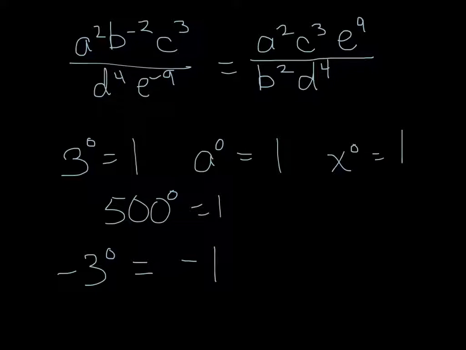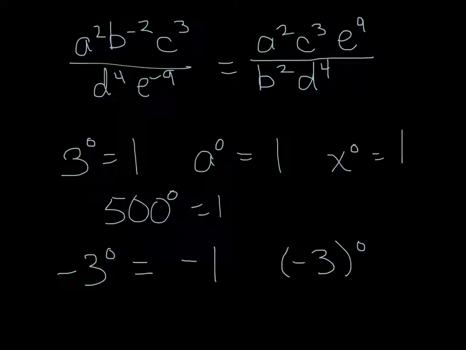It sounds simple enough, but then we also have to be careful whether or not there's parentheses around the number. So if I had negative 3 inside parentheses raised to the 0 power, then order of operations would tell me the number is negative 3, and then I raise it to the 0 power.